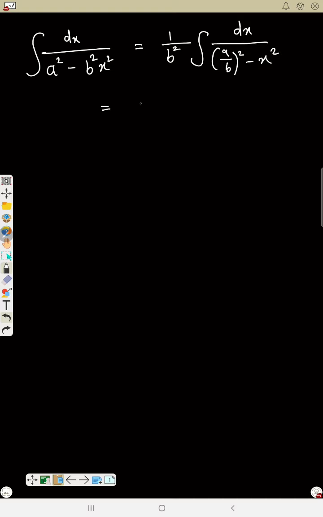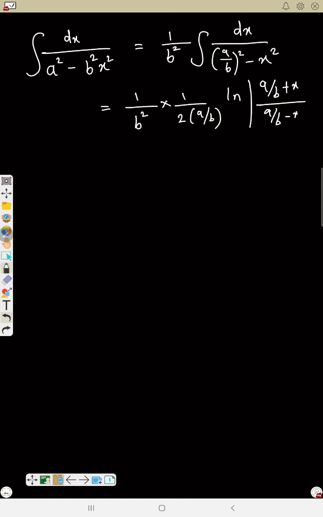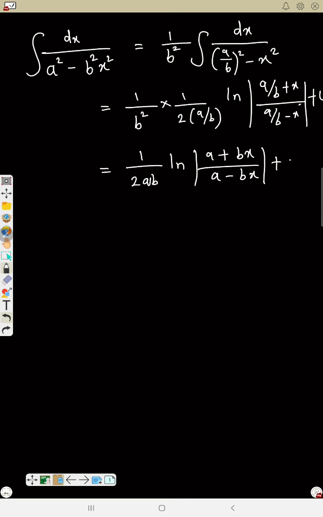So which is the same thing as 1 over b squared times 1 over 2 brackets a over b, ln (a over b plus x) divided by (a over b minus x) plus c. So which is 1 over 2ab ln (a plus bs) divided by (a minus bs) plus c. So from here you can also get the result.